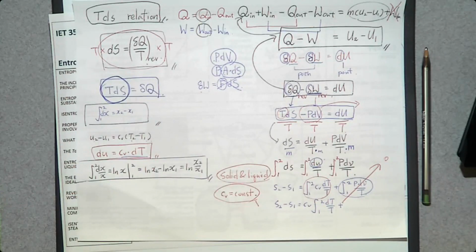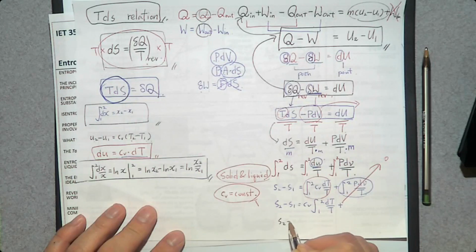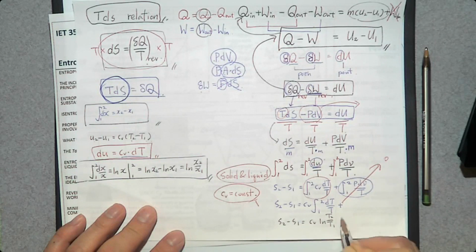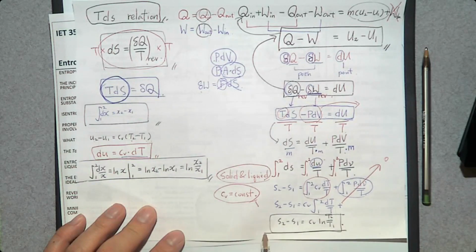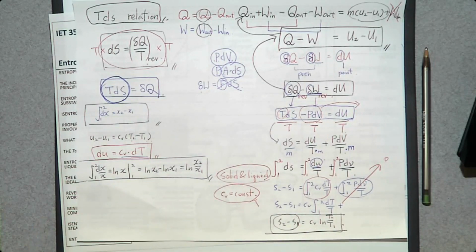So this one is dx over x. We have dT over T. They're the same thing. So what is the equation? S2 minus S1 is going to be CV natural log T2 over T1. So this is how you determine entropy change of a solid or liquid.